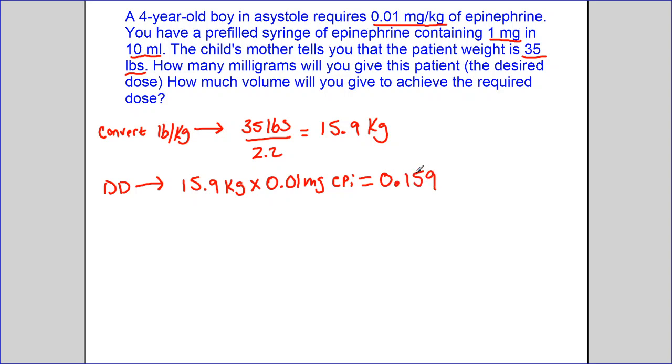Looks good. Milligrams epi. So that's our new desired dose right here: 0.159 milligrams of epi. All right, so let's do concentration on hand.